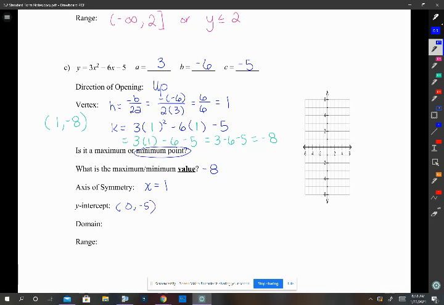And then I always like to graph. So we're going to graph 1, -8. So over 1, down 8. So we're going to have to put another point on there. So here's 7, here's 8. So 1, -8. That's also our line of symmetry.